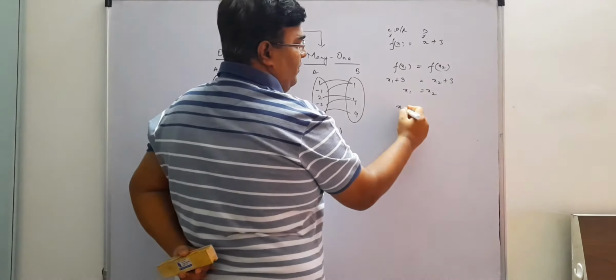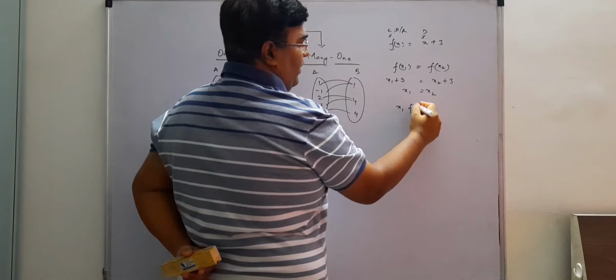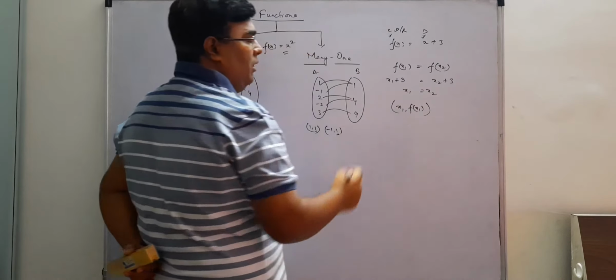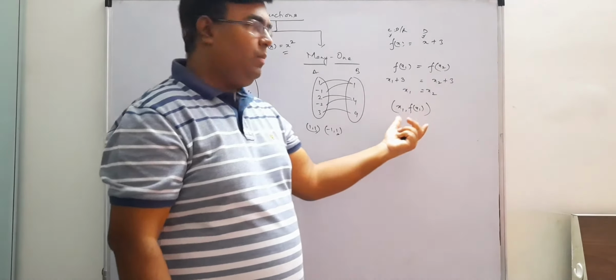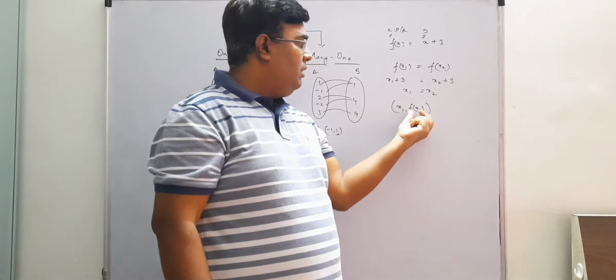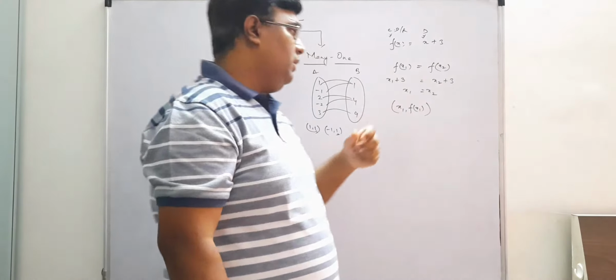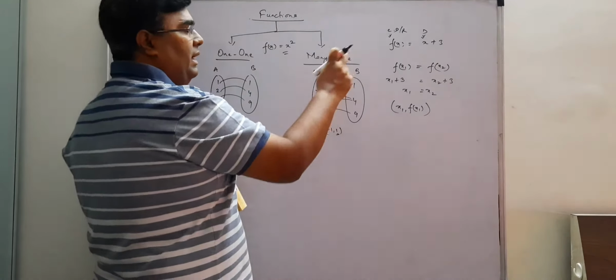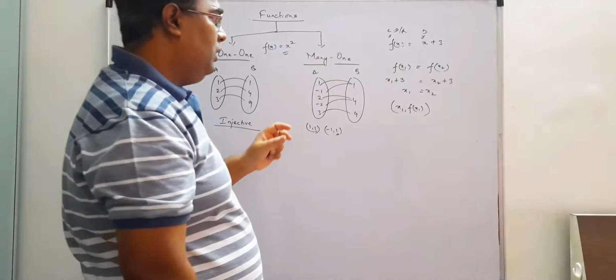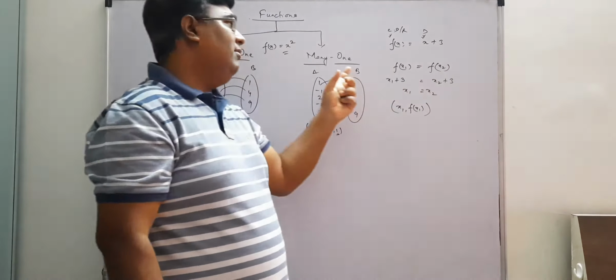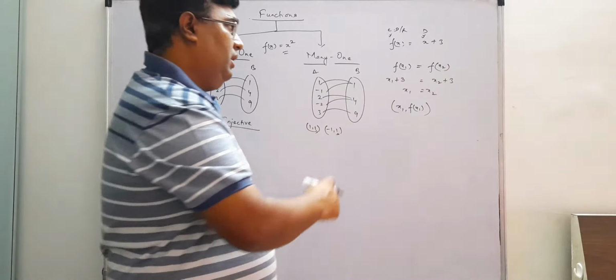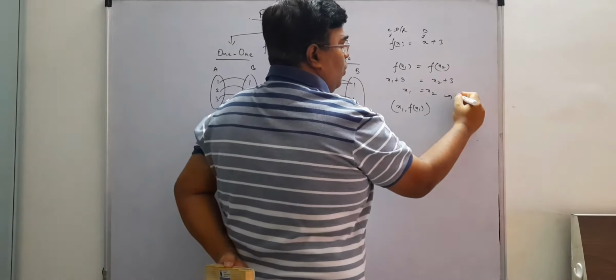So you can say (x1, f(x1)) is my ordered pair, and this is the same as (x2, f(x2)), because if we take f(x1) as the same, my x1 is also x2. So no repetition of the second element is there, right? Only if x1 is not equal to x2, in that case it will become a many-one function. Here it is one-one.